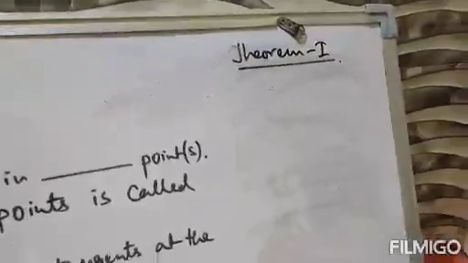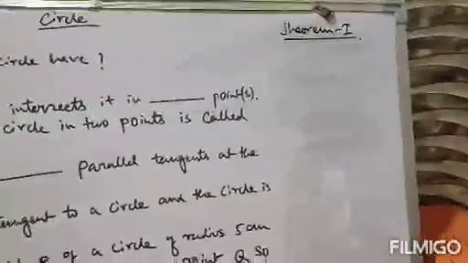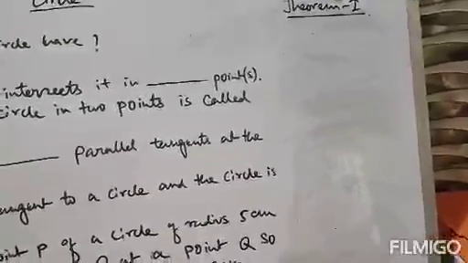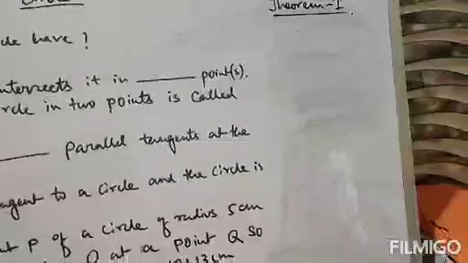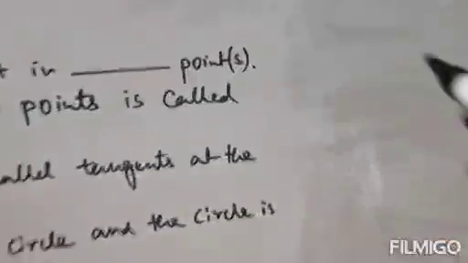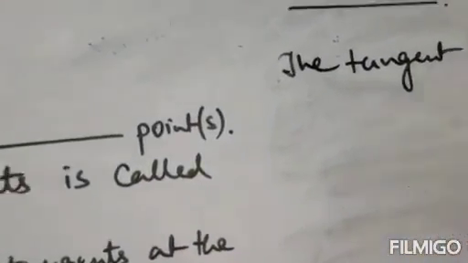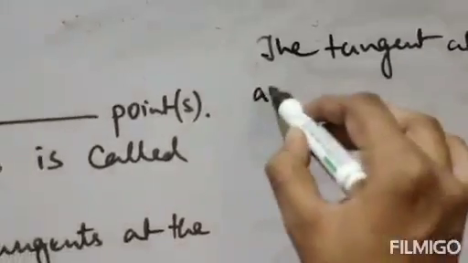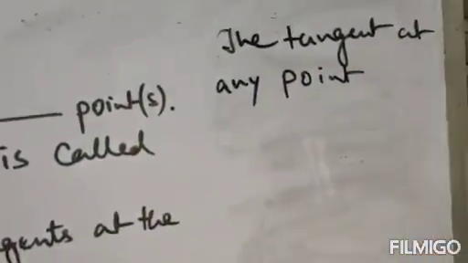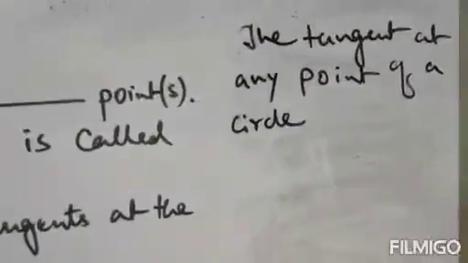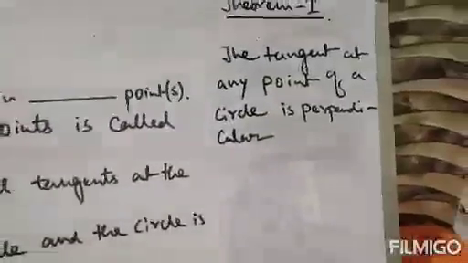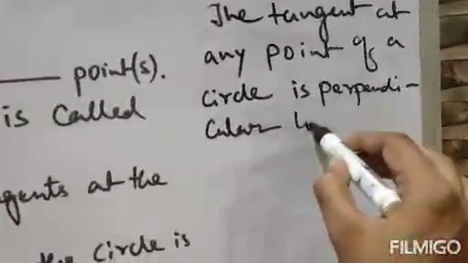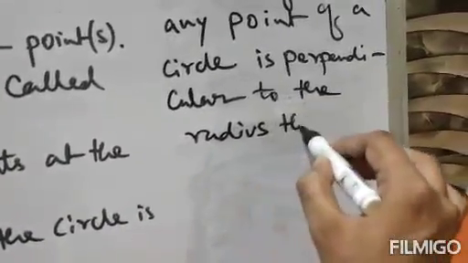So what is the theorem? The theorem is that the tangent at any point of a circle, if we are drawing a tangent at any point of a circle, the tangent is perpendicular to the radius through the point of contact.